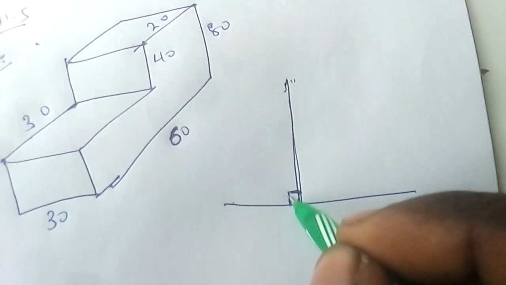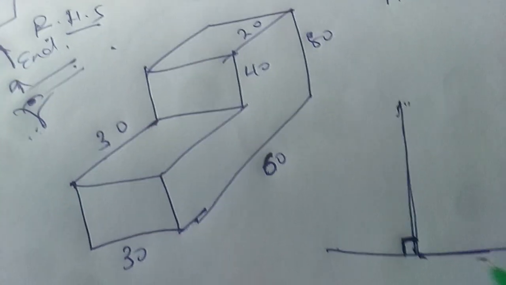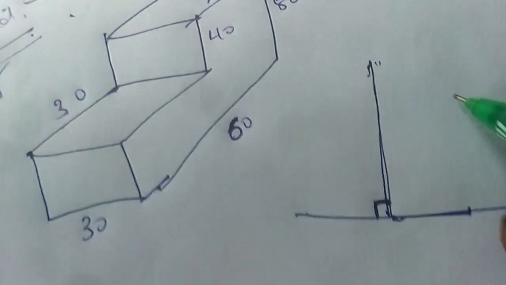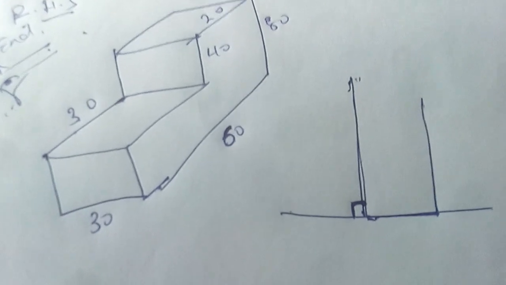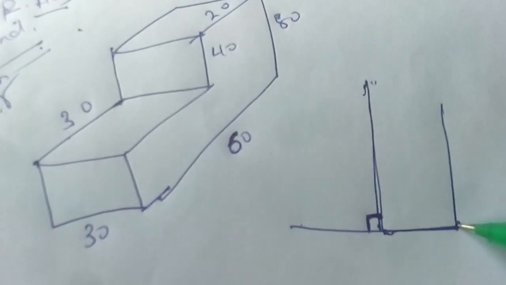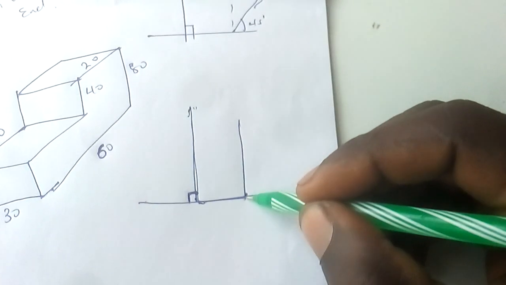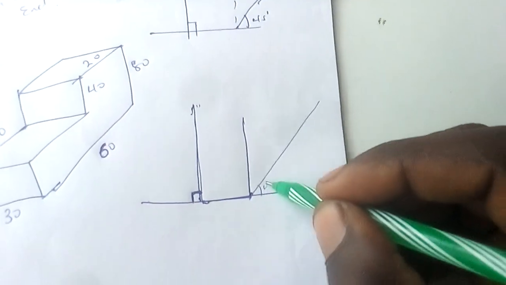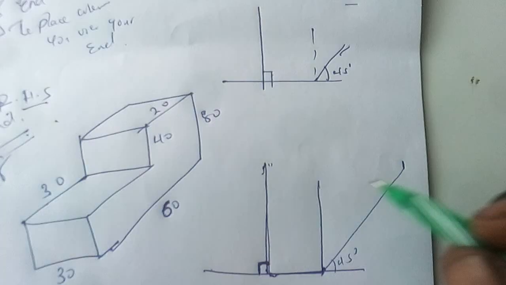Then measure 30 millimeter, then mark. Then this line, which is 60, should be inclined at 45 degrees.